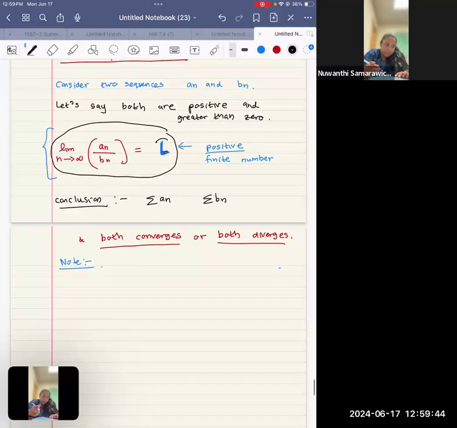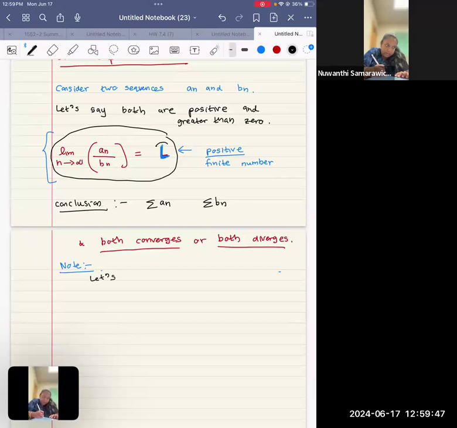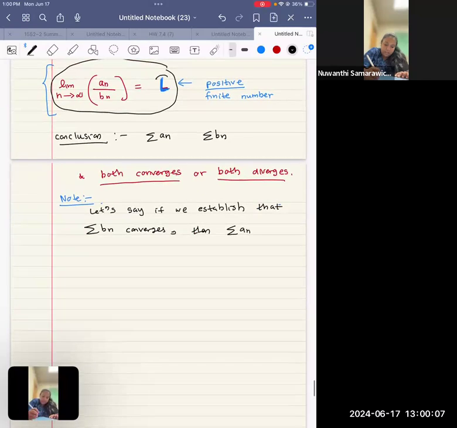If we establish, that means we introduce a new series, and that series b sub n converges, then the series a sub n also converges if the limit as n approaches infinity of a sub n over b sub n is a finite positive number.